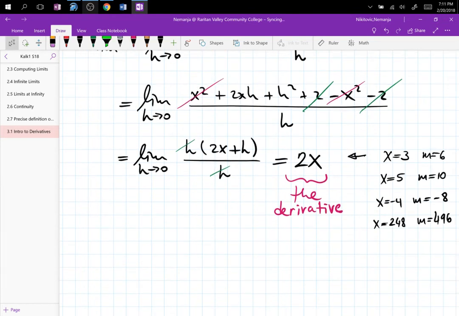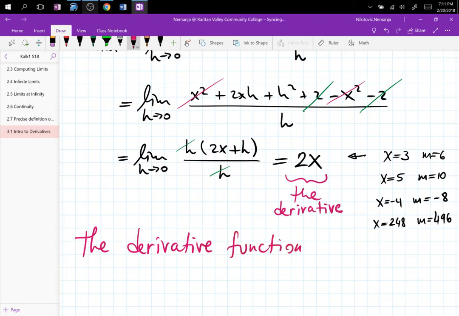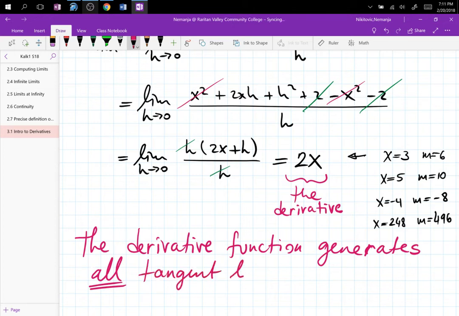So, in blood, here, the derivative function generates all tangent line slopes for a given f of x.